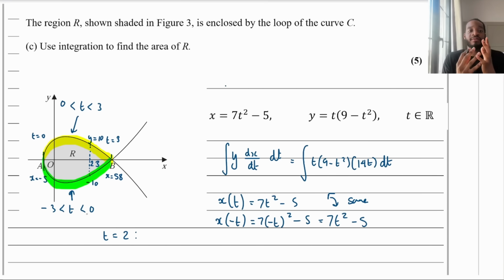So in terms of the actual question and finding this area, what limits are we going to use? We can just integrate between minus 3 and 3, right? Or because of the symmetry, we can actually just integrate between 0 and 3, and then double it, okay?